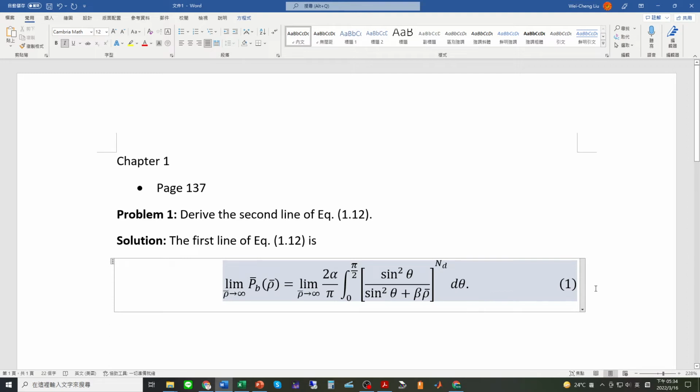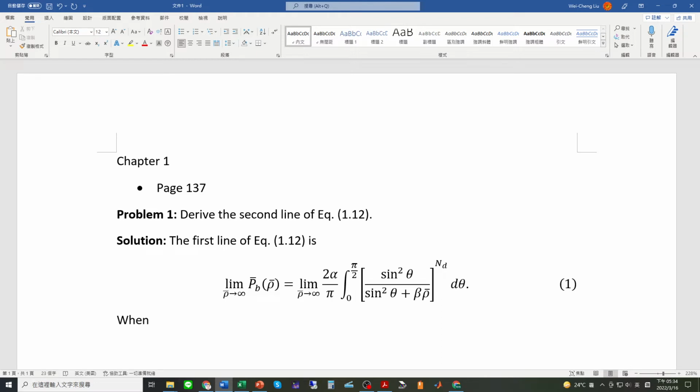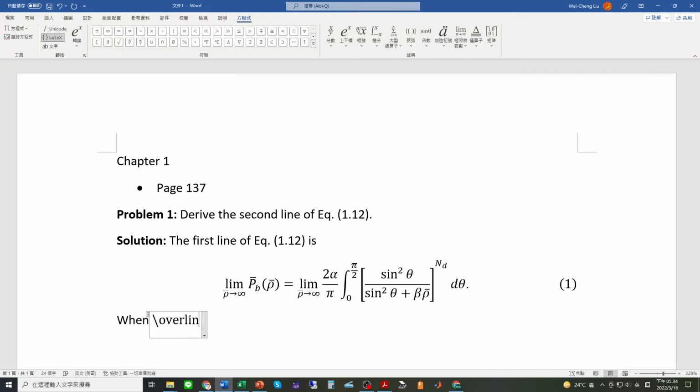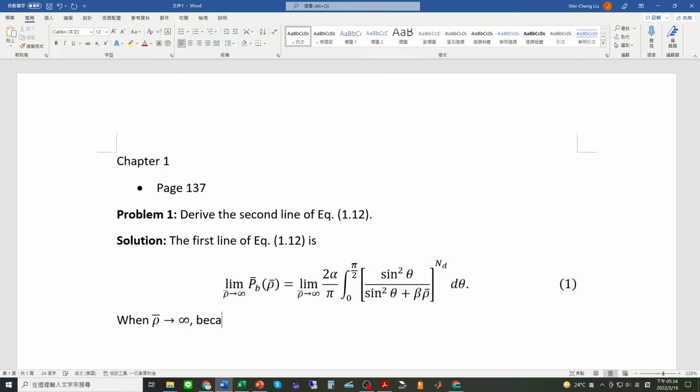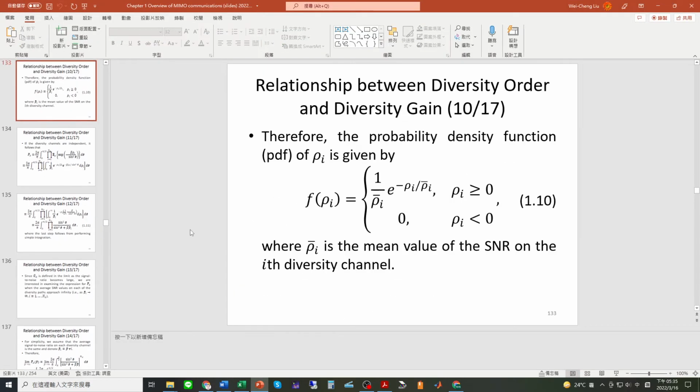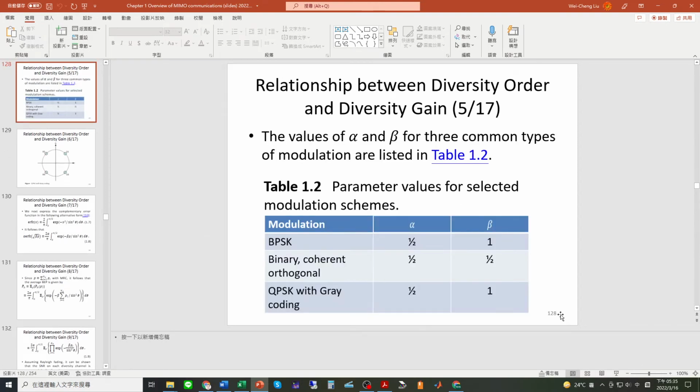Is this equation. When rho bar approaches, oh, I missed an infinity, because beta is a positive constant. We can go back to the slides to see what the value of beta is. On page 128, beta is equal to 1 or 1 half.